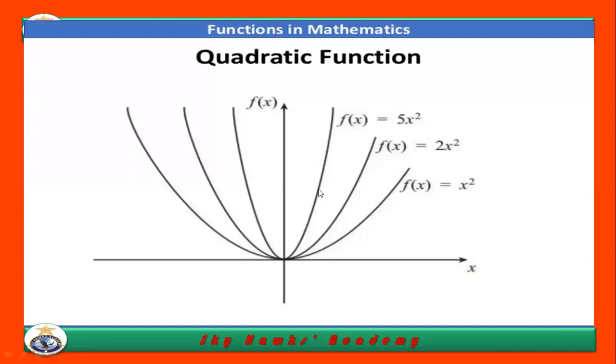So 5x square is representing this parabola, and once again we have f of x is equal to 2x square. This is slightly wider than the previous one, and at the end the third one is f of x is equal to x square.